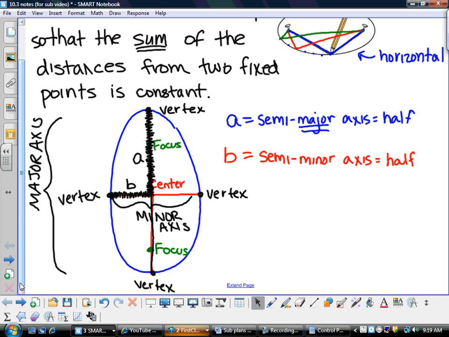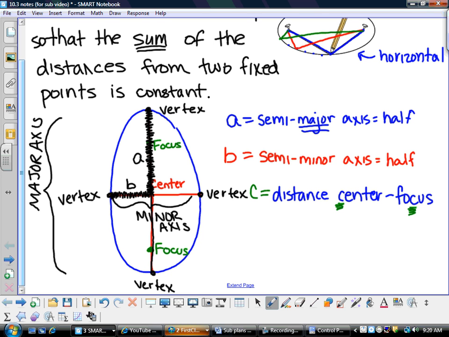We also need to define what we are going to call the distance from the center to a focus. And this one I remember because center has a C in it and focus has a C in it.